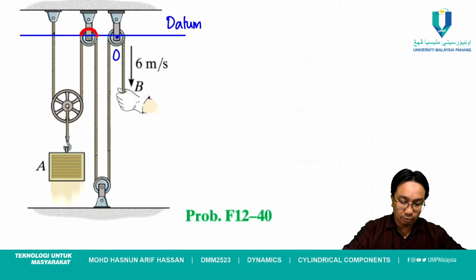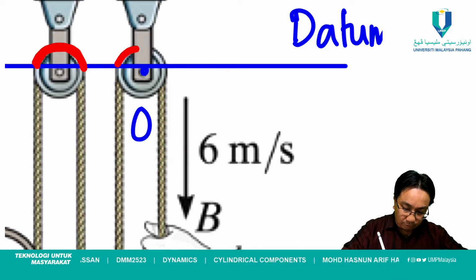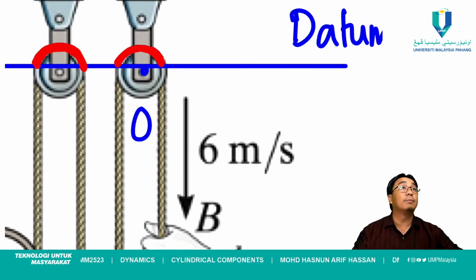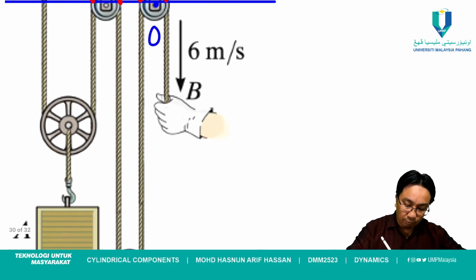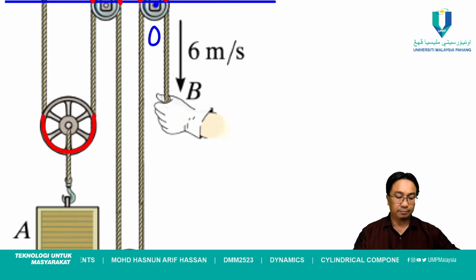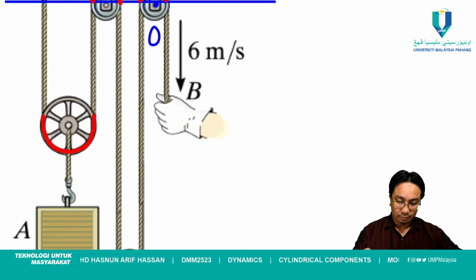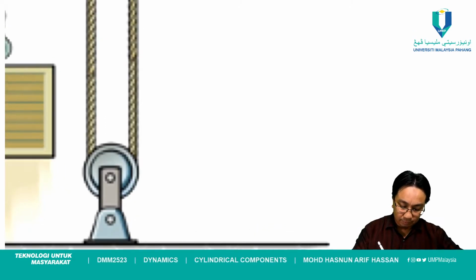This part saya zoom in, this part is constant. This part is also constant, betul? Okay, dekat puli mostly semua constant lah. And then we have this part is constant. Okay. Mana lagi constant? Puli bawah ni kan? This part is also constant.